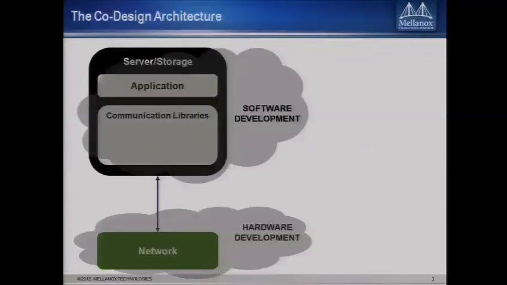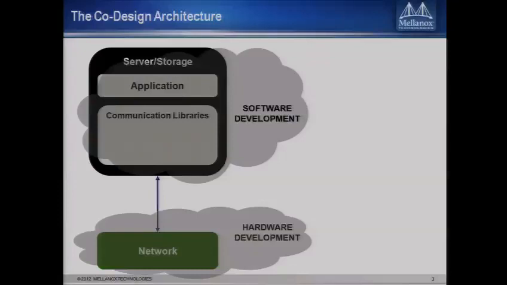So first I want to talk about the co-design architecture. What is the co-design architecture of Mellanox? This came about as a problem that we wanted to solve. The problem was that we saw the bifurcation of the development between the hardware and the software of a networking environment, a networking stack.